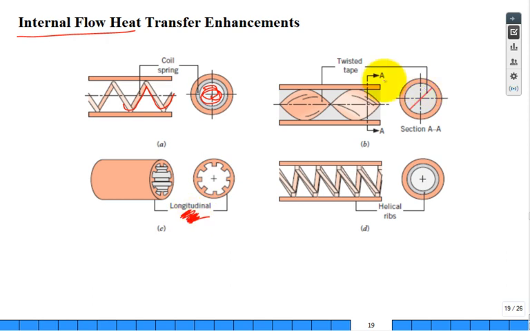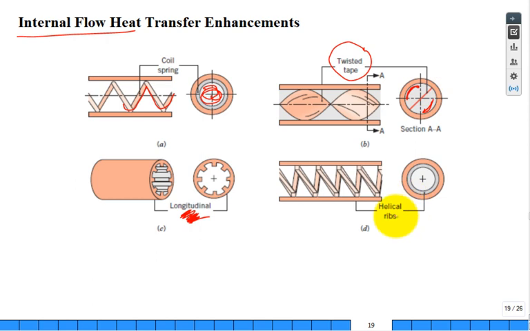This one's very common: they put a twisted tape inside. It's cheap. You just insert it, and now instead of the flow just blowing through, it's being forced to twist and rub, promoting the heat transfer from the wall.